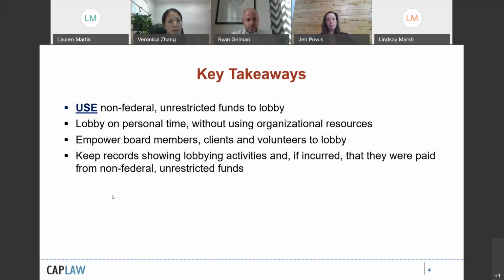A third way to lobby, again, if you don't have unrestricted funds to do so, is to consider deploying your board members, your clients, and volunteers to lobby on your behalf. Again, if these are folks who are not being paid by the agency to conduct lobbying and their expenses aren't being reimbursed by the organization to conduct that lobbying, then those board members have freedom to speak up on behalf of issues that your agency cares about.